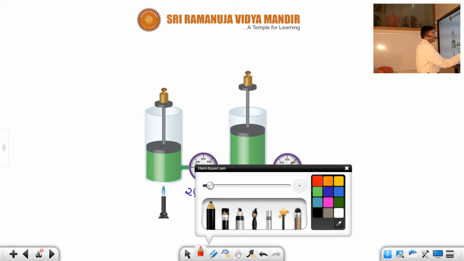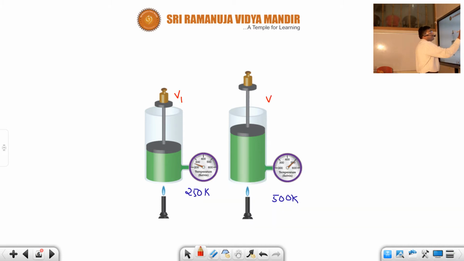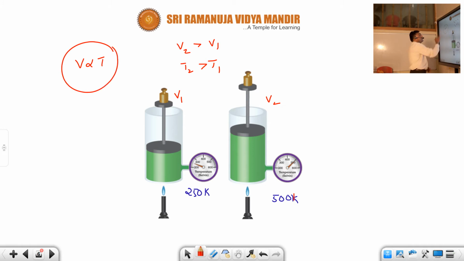If this one is V1 and this one is V2, naturally V2 is greater than V1. Why is it so, students? Because T2 is greater than T1. So here V2 is greater than V1 because volume is directly proportional to temperature.